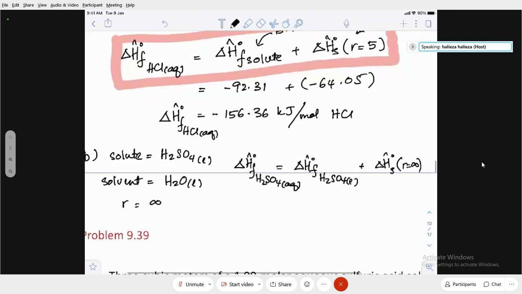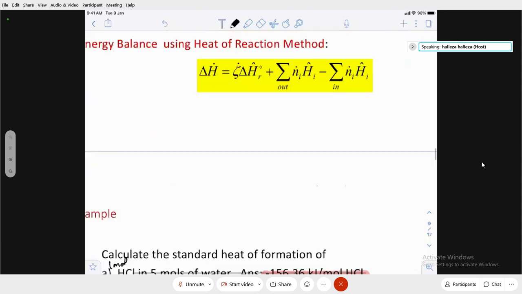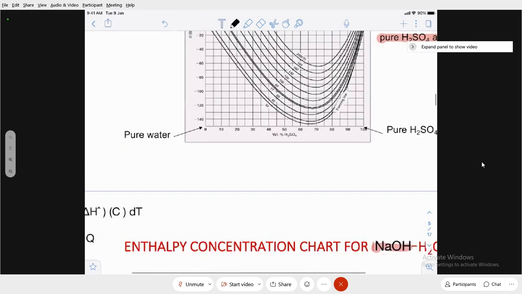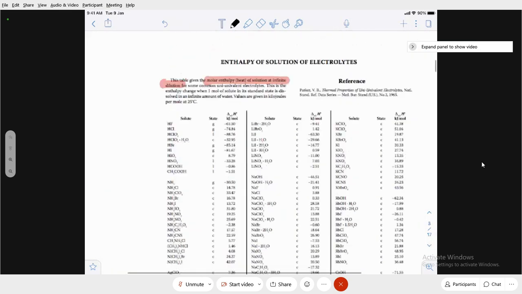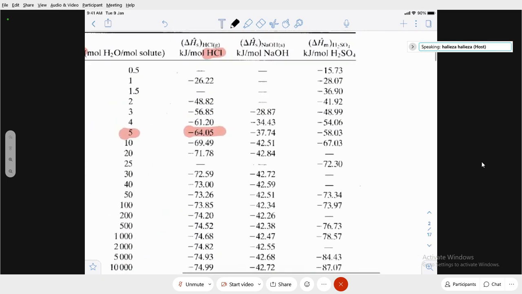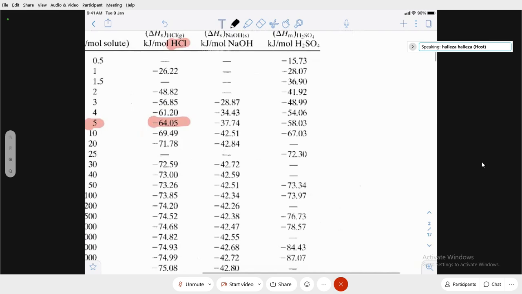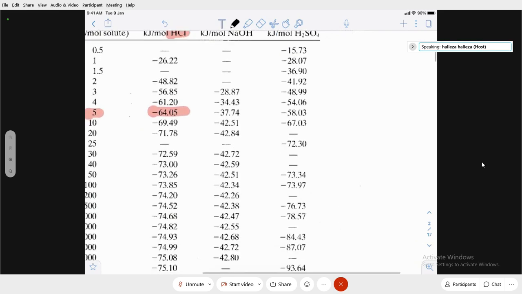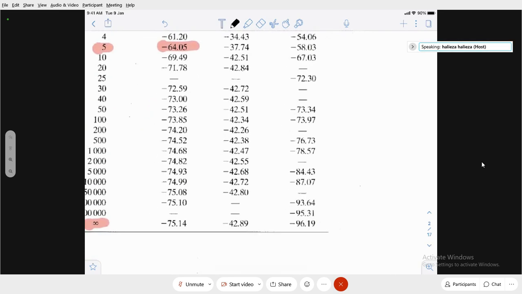Right? So if we look at table B11 for that part, for sulfuric acid, where is sulfuric acid? Sulfuric acid is here in the last column on the rightmost side, at infinite dilution. Sorry, I got it wrong.